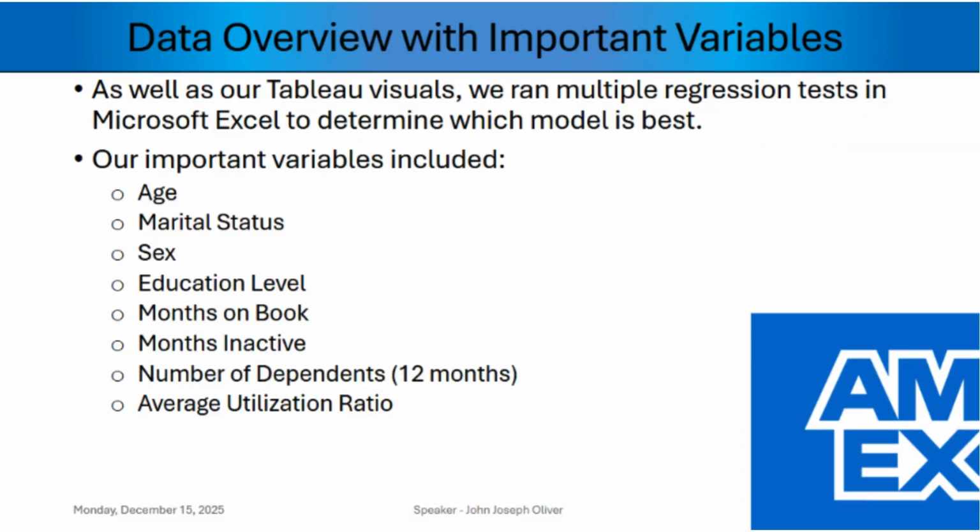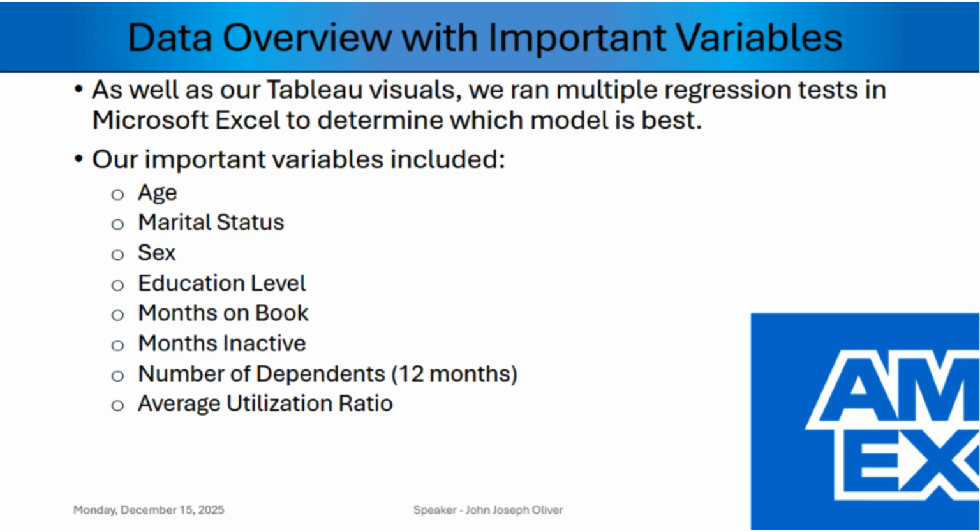Looking at our data overview section, we see all the important variables that were used to run multiple regression tests to determine which model is the best at predicting attrition rates. Our important variables included the client's age, if they are married or not, sex, education level, months on book, how many months inactive they are, number of dependents, and average utilization ratio.